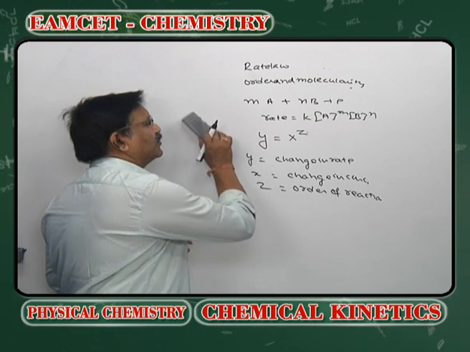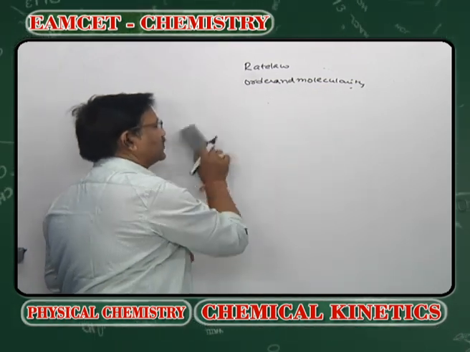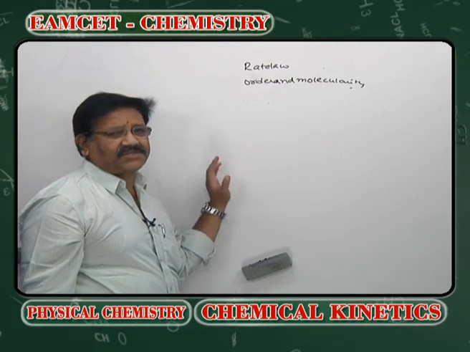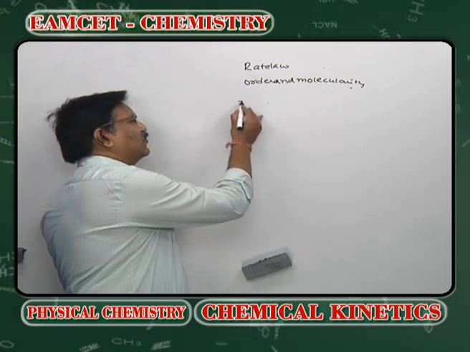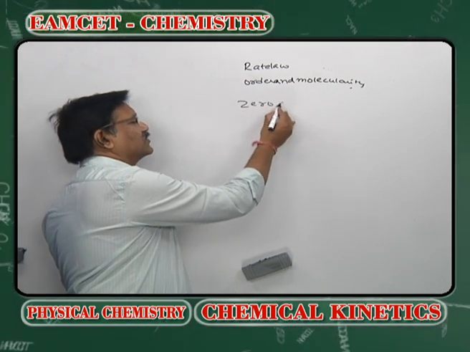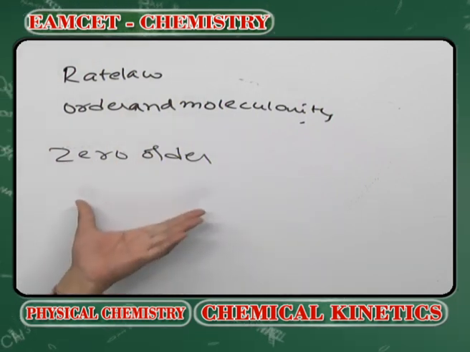What are the other important terms that are to be remembered? Expressions for the rate constant, and expressions and characters of the zero order reactions. Which will be zero order reactions?